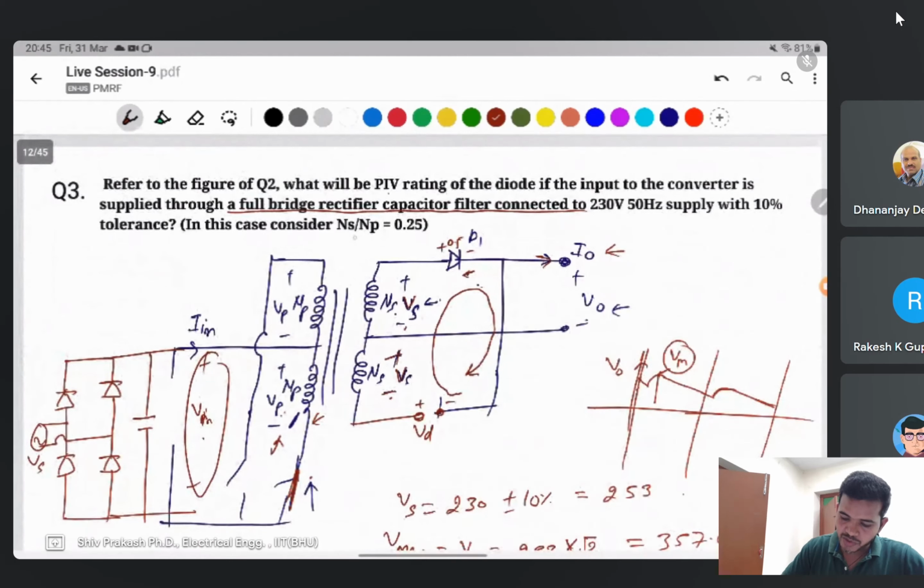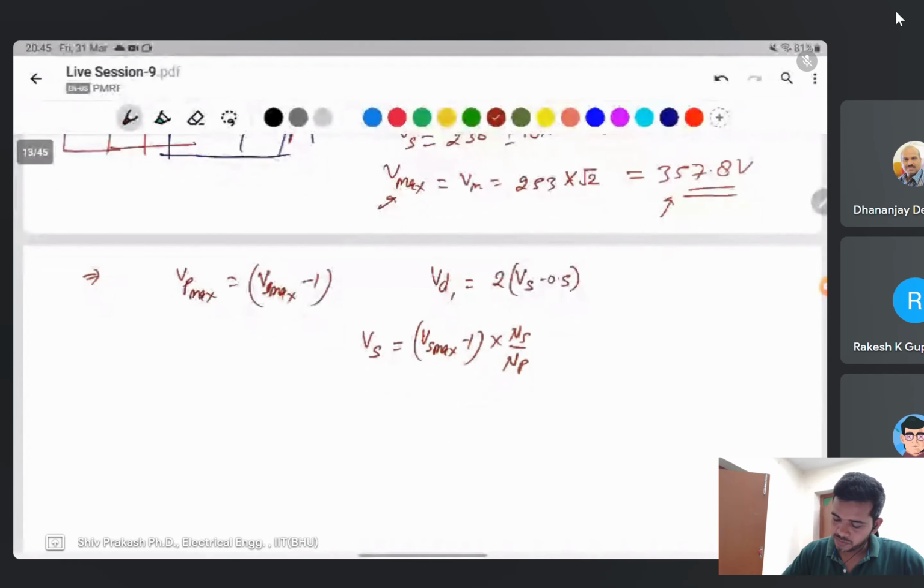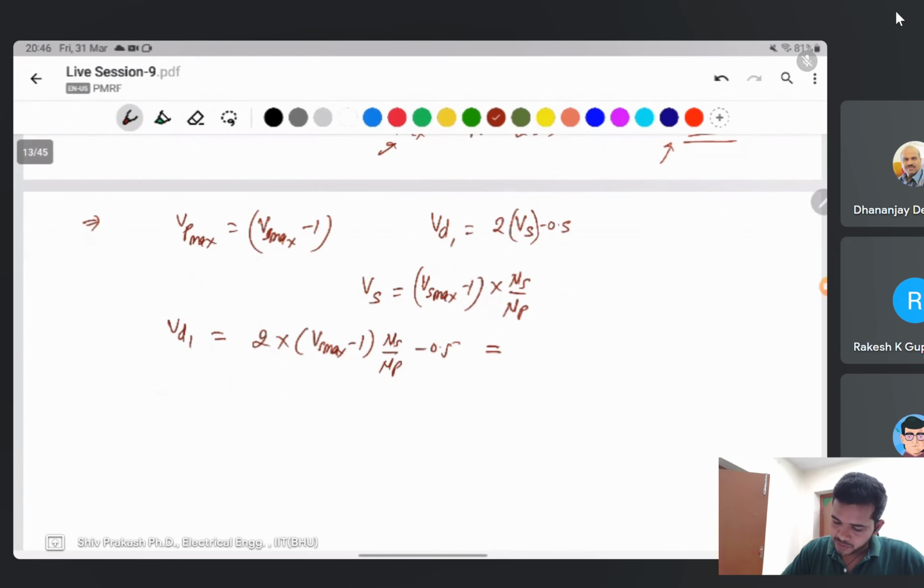NS divided by NP is given as 0.25. Then VD1 is equal to 2 into VS, where VS is VS maximum minus 1 into NS divided by NP, minus 0.5. So 2 into VS maximum, which is calculated as 357.8 minus 1, times 0.25 given as NS by NP, minus 0.5.